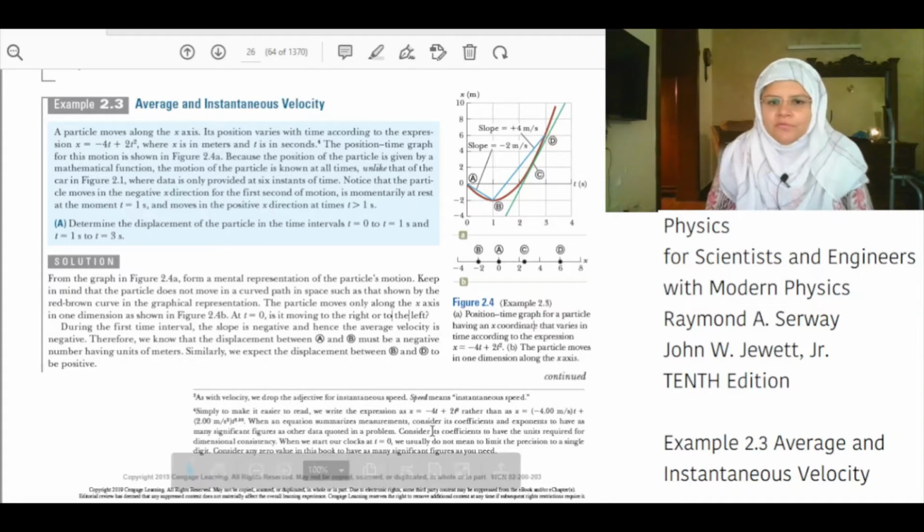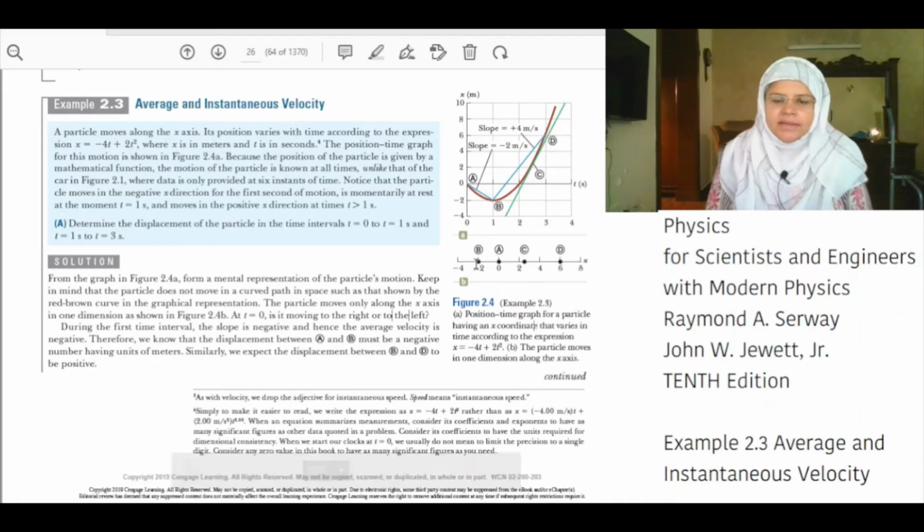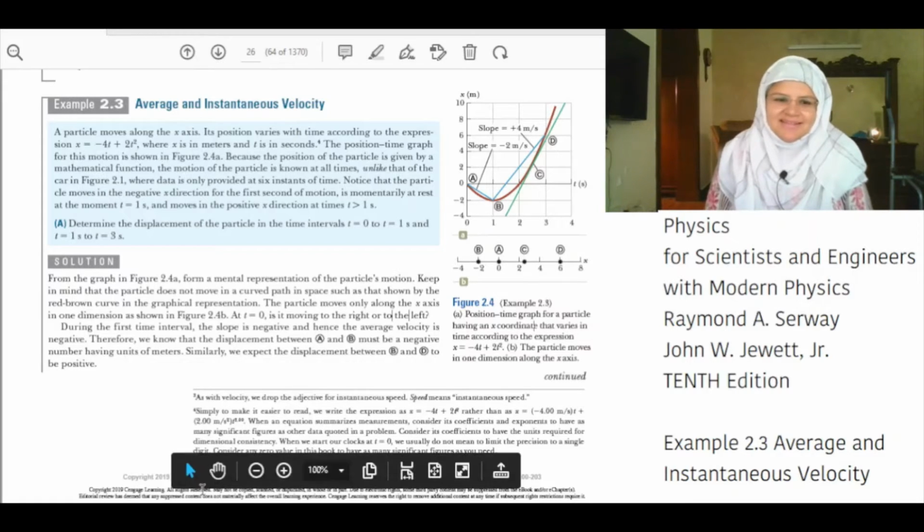Figure 2.4a is plotted using the expression x equals -4t + 2t². Figure 2.4b shows that the particle moves in the negative x direction for t less than 1 second. It is momentarily at rest at t equals 1 second, and for t greater than 1 second it moves toward the positive x-axis.